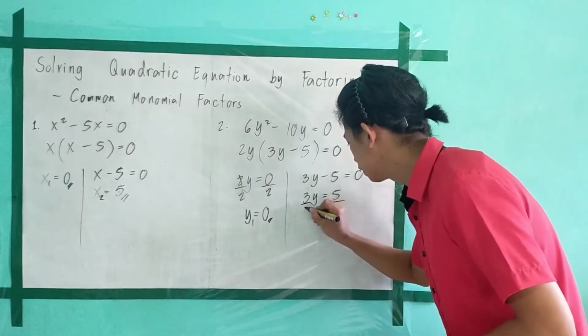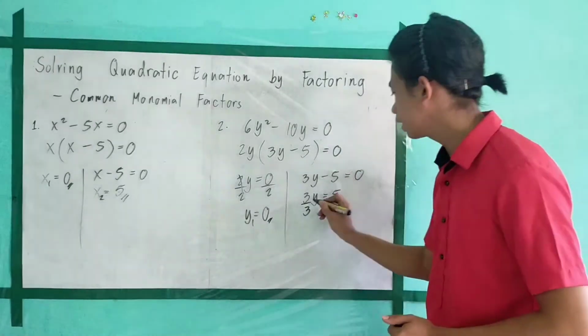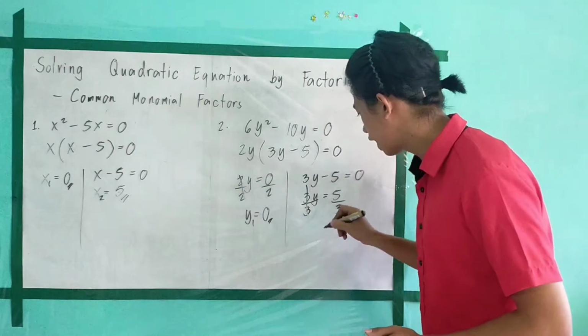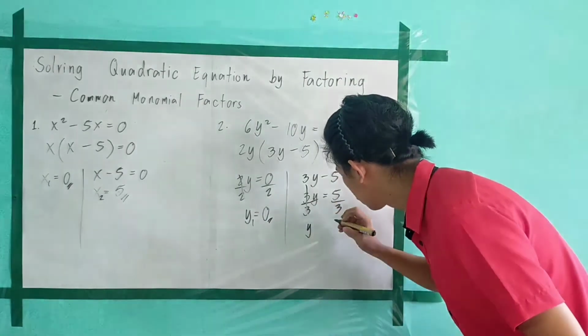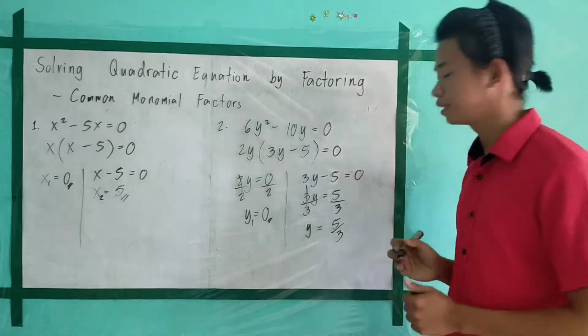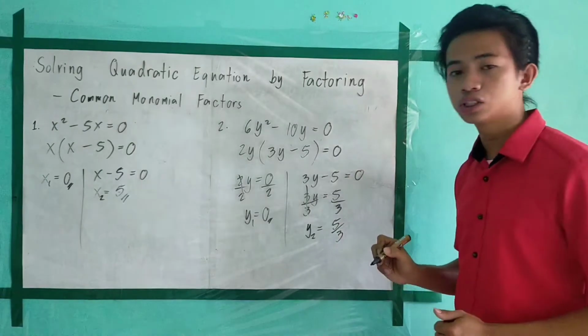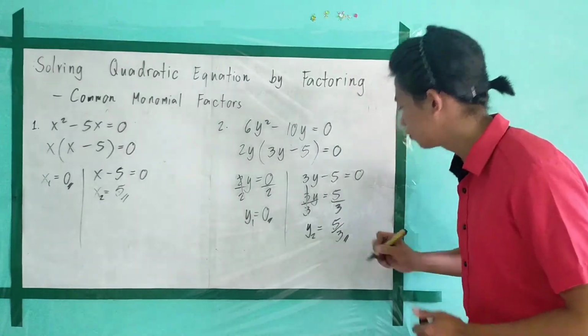Divide both sides by 3, since may numerical coefficient na 3 dun sa variable y natin. So, cancelled out. Then, our variable y now is equal to 5 over 3. That's it. So, our y sub 2, or the second solution, is equal to 5 over 3.